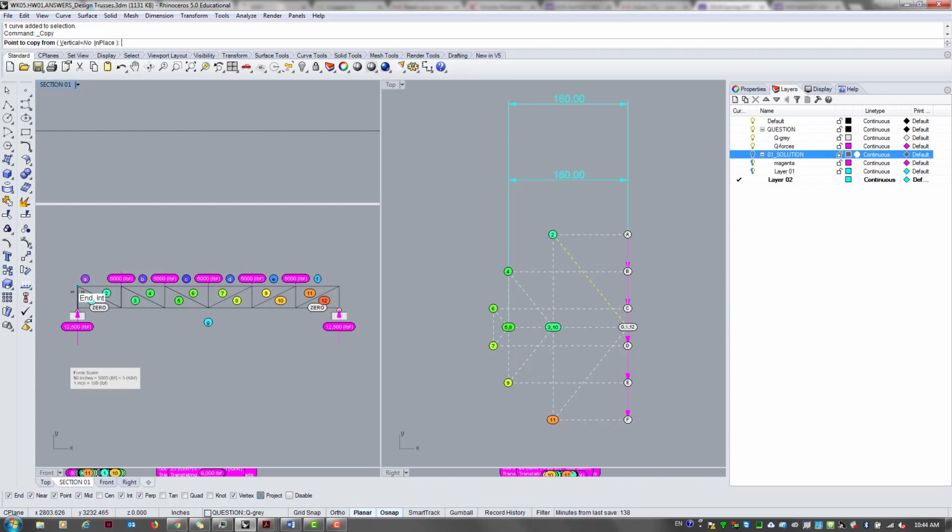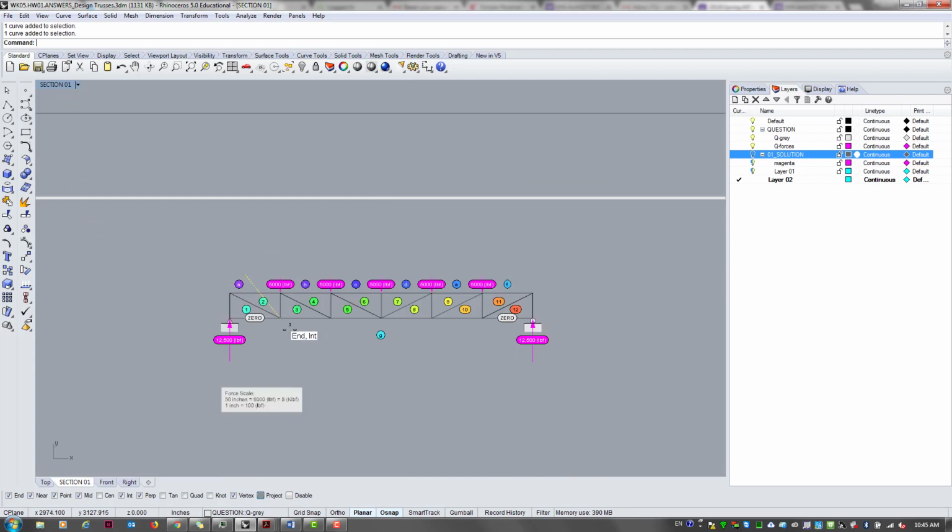Sorry, the member between 1 and 2 should be parallel to this force that's shown here, which is 1, 2. So I'm gonna copy this to here. So basically this diagonal guy has to be at this angle, meaning that the truss needs to get deeper. And I just want to make this line big enough so that it extends, right?